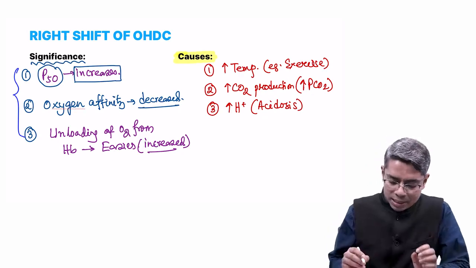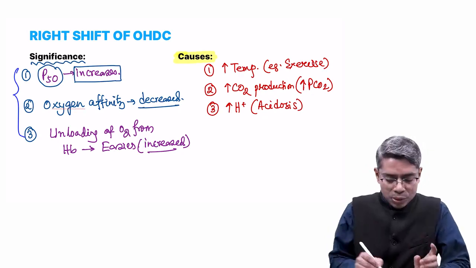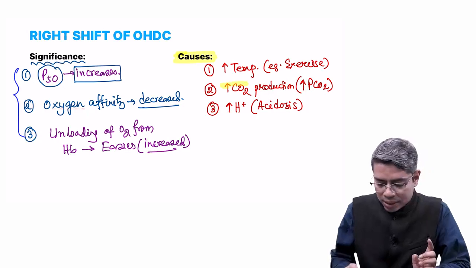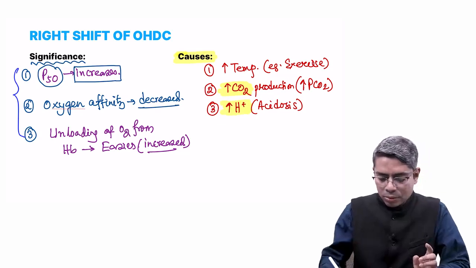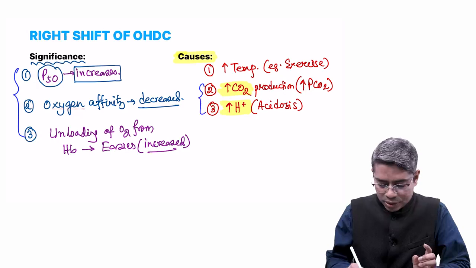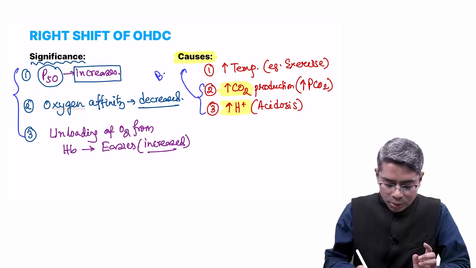Now, if there is right shifting of the curve only due to carbon dioxide increase or H plus ion, then this right shifting is also known as Bohr's effect. So this is also known as Bohr's effect.